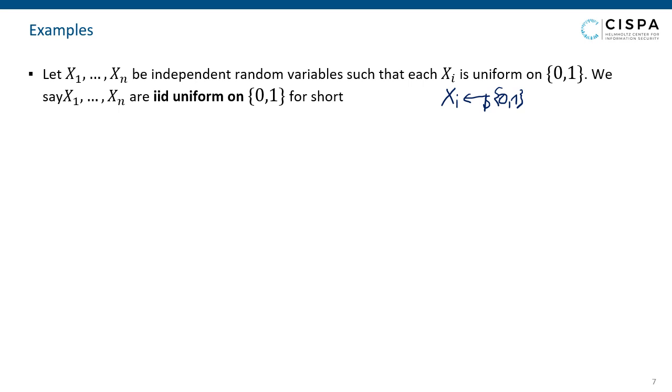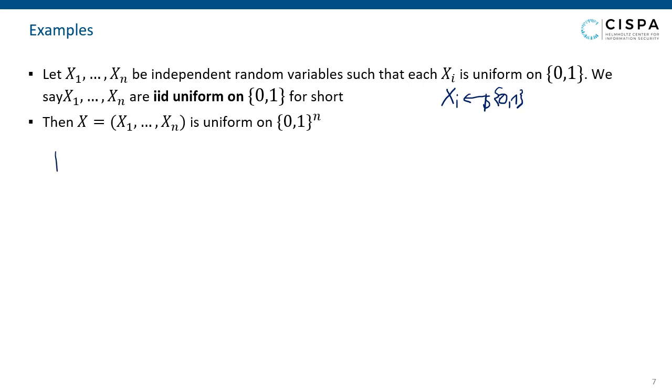So we will say that the xi are IID uniform on {0, 1} for short, or x1 to xn are independent and identically distributed uniform on {0, 1}. So if we take the entire vector x1 to xn, then this vector is distributed uniformly at random on {0, 1} to the n. How can we see this?